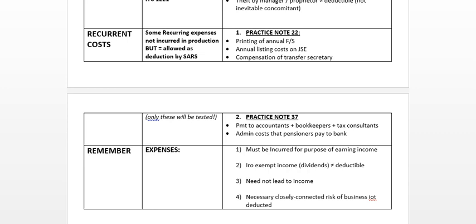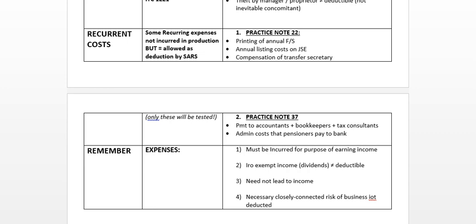Recurrent costs: some recurrent expenses are not incurred in the production of income, but are allowed as a deduction by SARS. Practice note 22 covers the printing of annual financial statements, annual listing costs on the JSE, and compensation of the transfer secretary. Practice note 37 covers payments to accountants, bookkeepers, tax consultants, and admin costs.